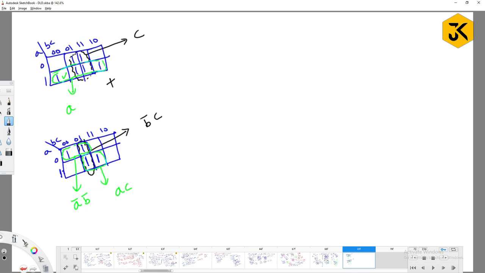So that's the reason this is a kind of redundant. This will be looked into later, after 10 to 15 minutes we can come across the same concept again, how we are going to find this kind of thing. So for the time being, A bar B bar plus AC plus B bar C is also correct. But the thing is, B bar C is a redundant expression here.